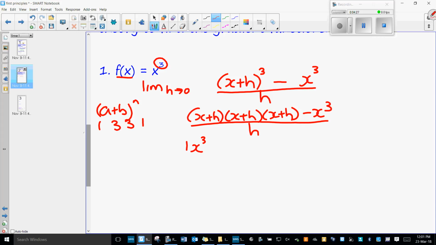No. Okay, then plus, remember that it's a plus in between, and then the next number is going to be 3, because that's the next Pascal's triangle number. x squared, and h comes into play. So this is 1, x cubed h to the 0. And then this is 3x squared h to the 1. Do you remember? Because the 2 and the 1 have to add up to give our power.